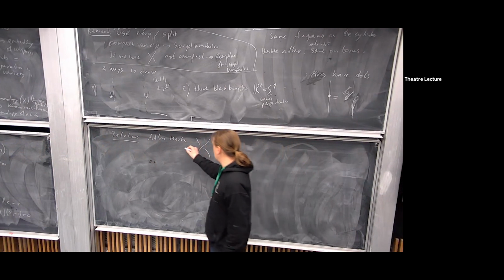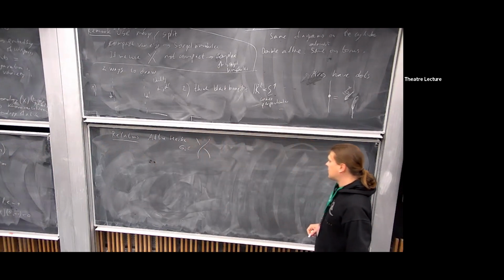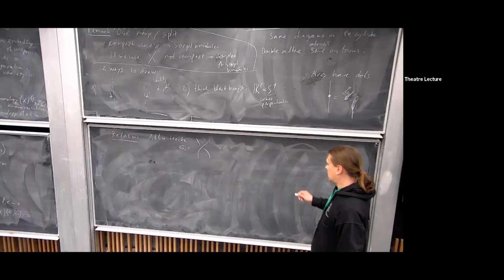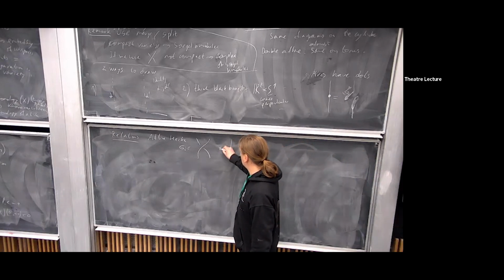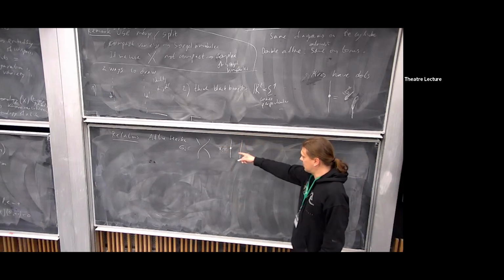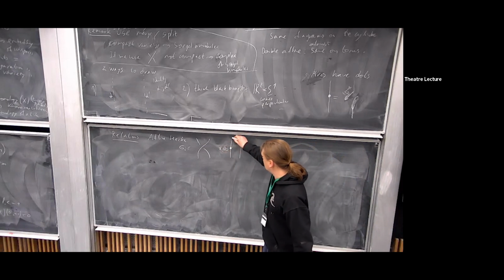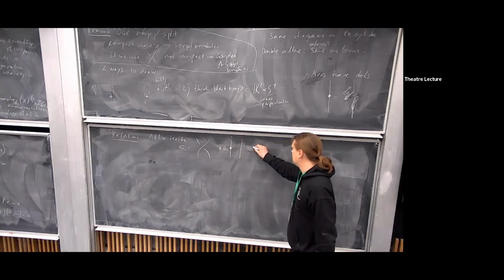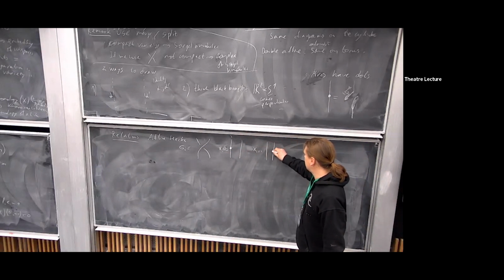This is sigma i. And this is a dot. Let's call this xi, a notation for the dot on the i-th strand, and then x i plus 1 is a dot on this one.